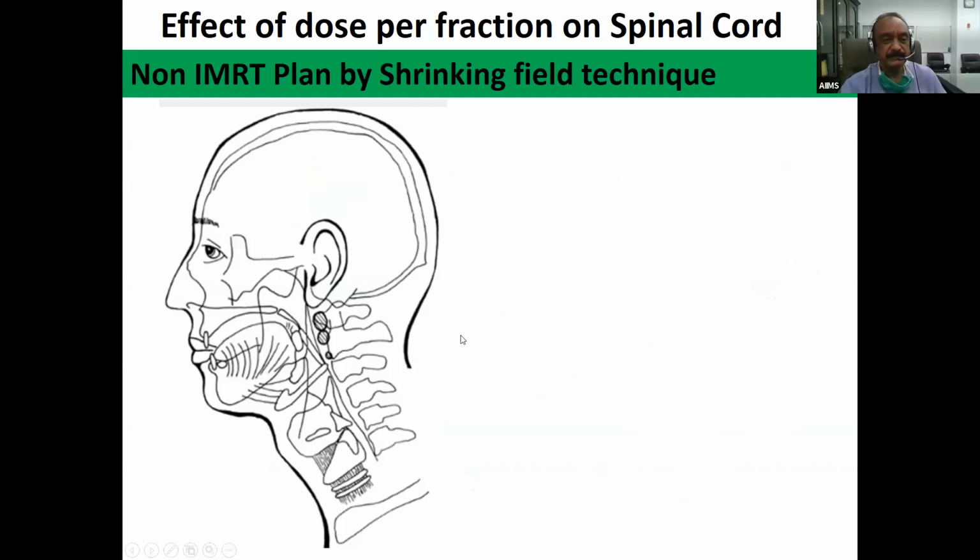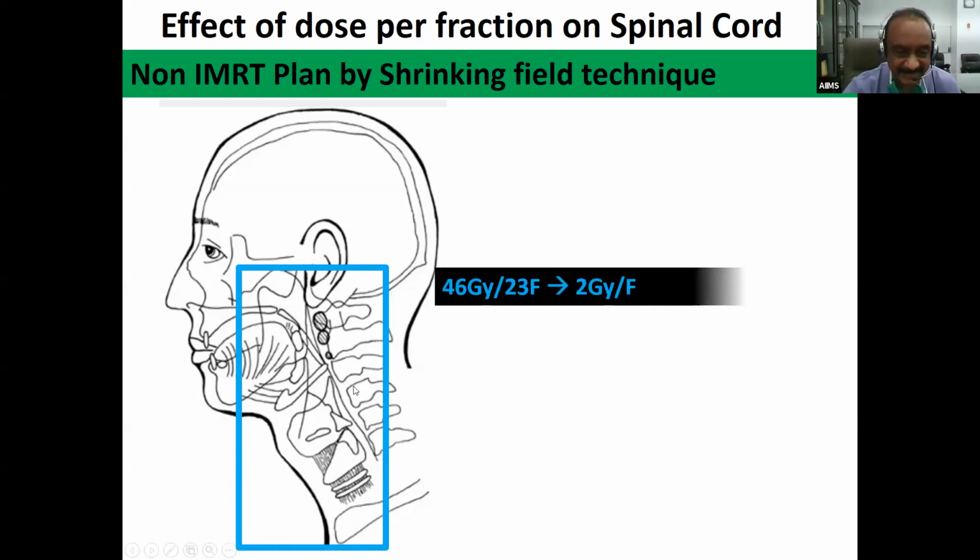How? Now, if I ask you how you treat head and neck cancer by a non-IMRT plan, the answer is the shrinking field technique. All of you must be practicing the shrinking field technique. So in the shrinking field technique, first you treat the whole neck, including the primary, and you deliver a dose of 46 gray in 23 fractions, 2 gray per fraction.